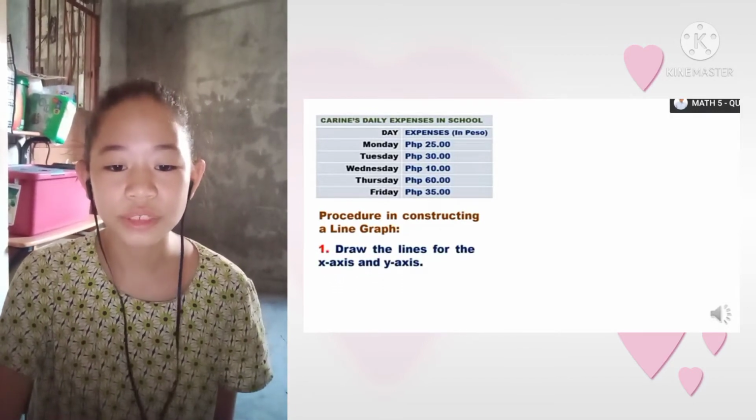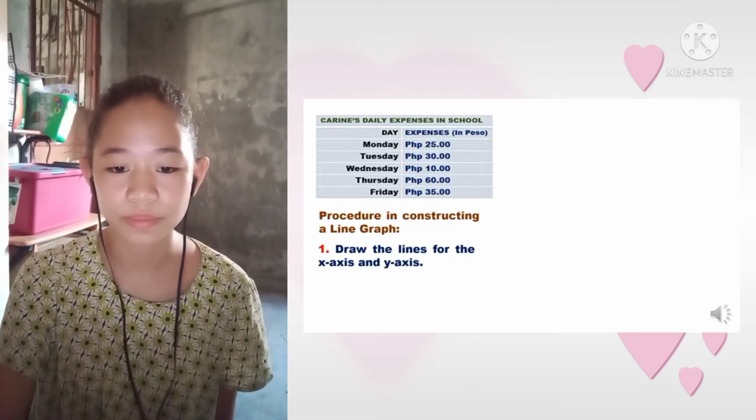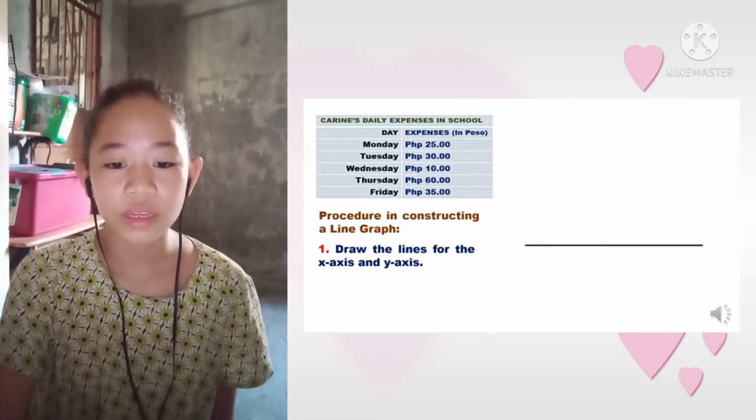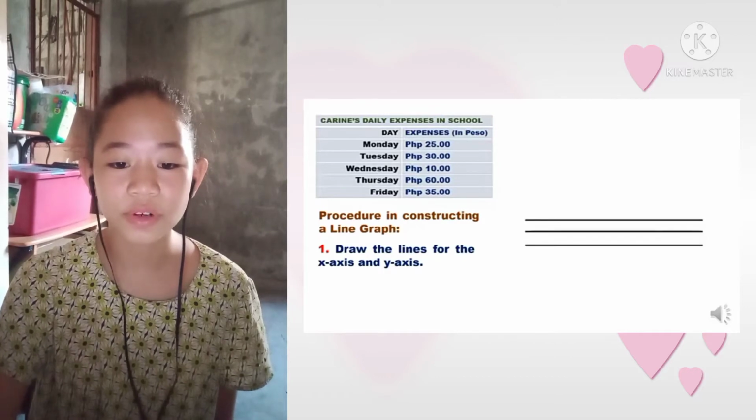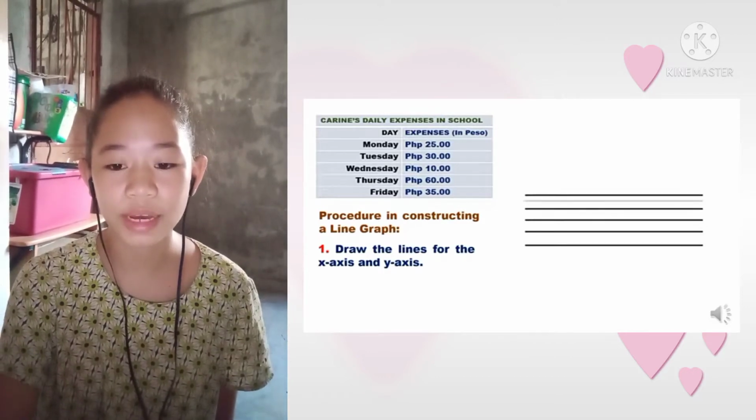Here are the instructions in making a line graph. Number 1. Draw the line for the x-axis and y-axis.